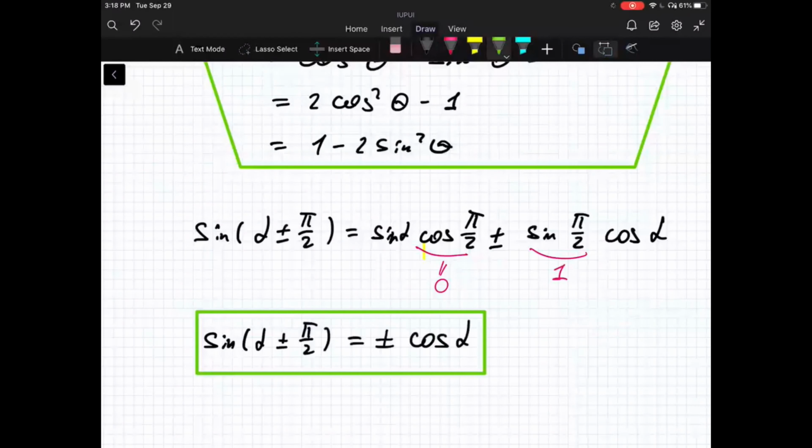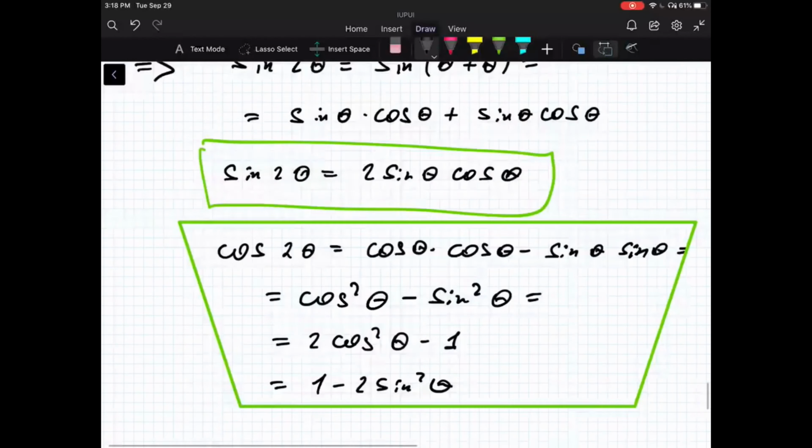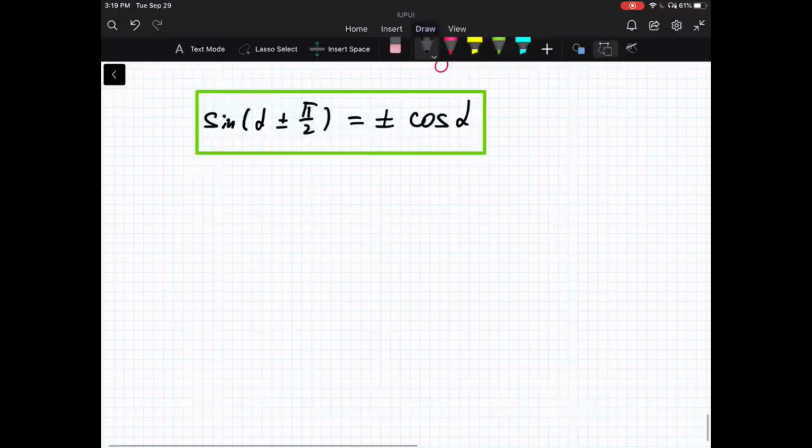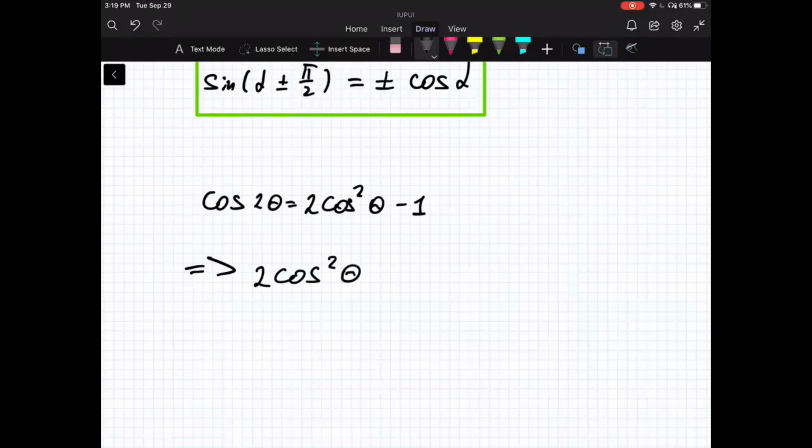And sometimes, and in fact, we will use it in the next lecture. And the last formulas, using this formula for cosine of double angle, cosine of 2 theta is equal to 2 cosine squared of theta minus 1. From here, you can express 2 cosine squared of theta is equal to cosine of 2 theta plus 1.